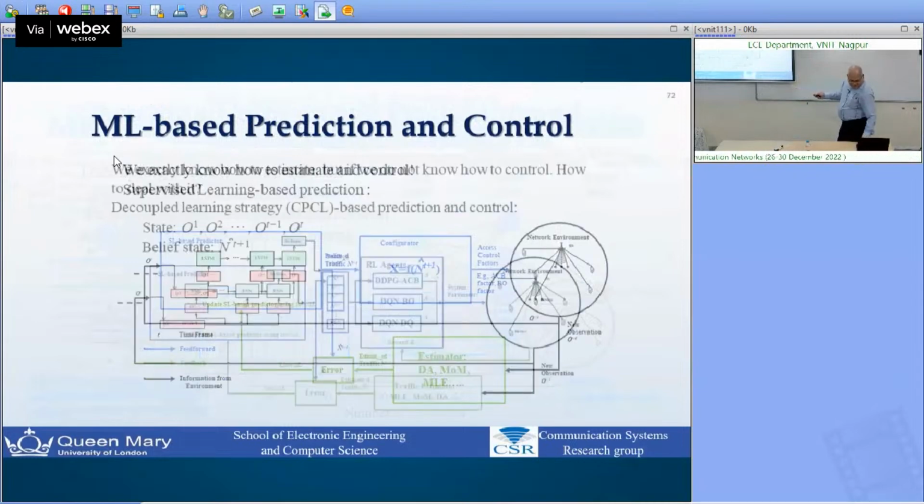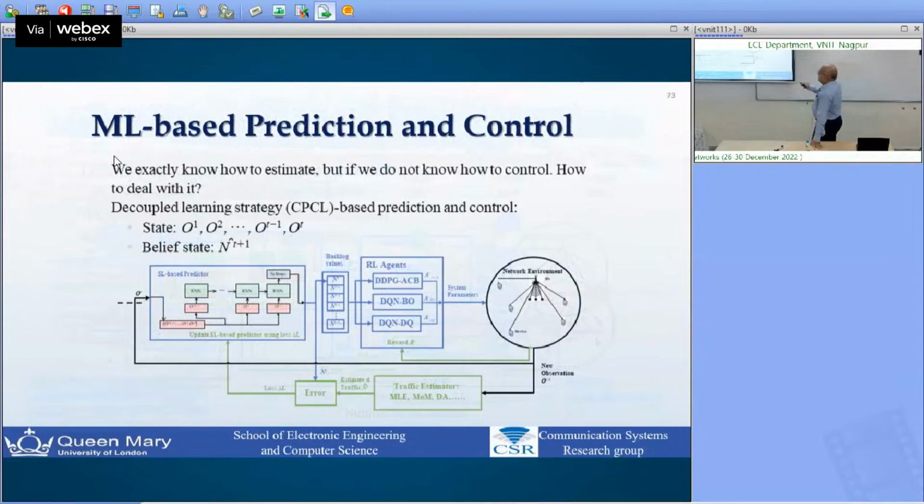So now, here we predict this one, and then we have the reinforcement learning agent here.